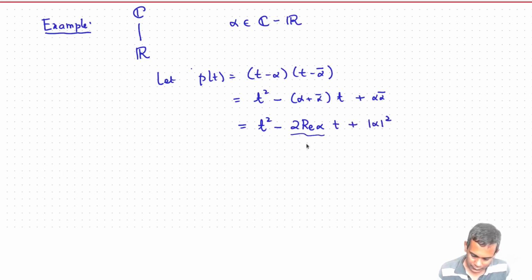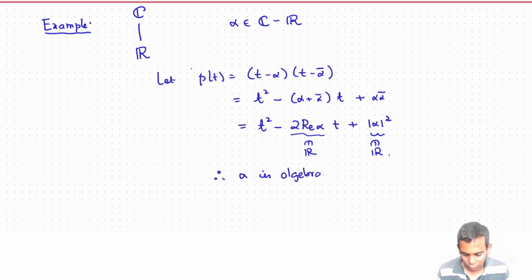So this is a real number and this is another real number. And alpha obviously satisfies this polynomial P(t) because alpha is one of its roots. So therefore alpha is algebraic. So every complex number is algebraic over the real numbers.